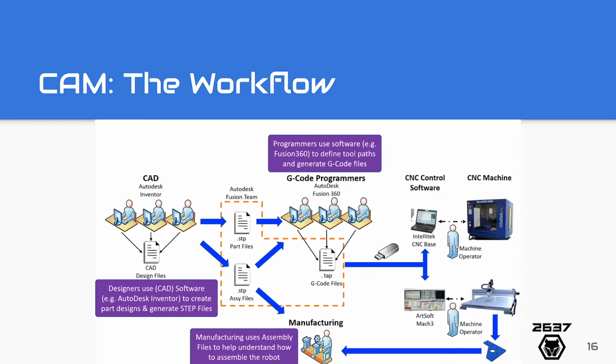And they will send these step files to the G-code programmers. And the G-code programmers can just be the CADers, and they will create a .tap or a G-code. And these G-code programmers create a G-code which tells the machine how to move their motors and such so that they can machine the part.